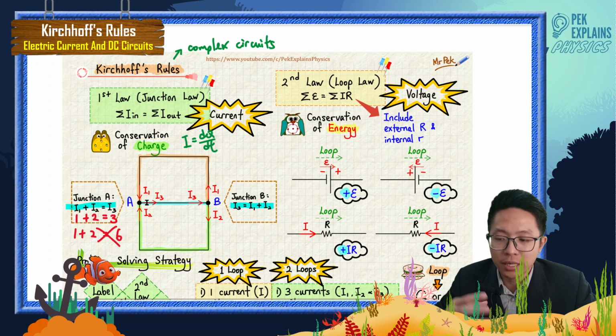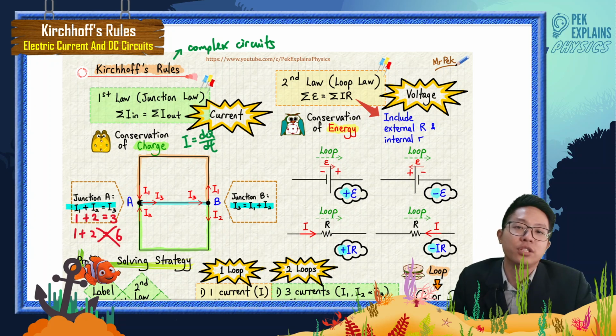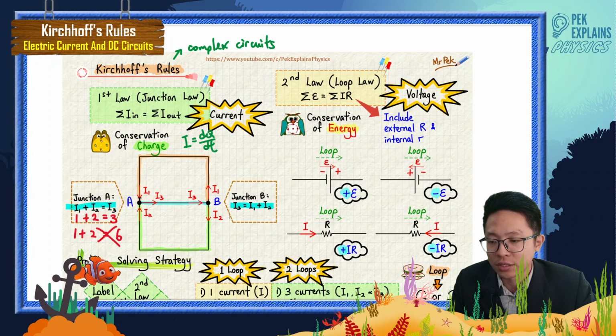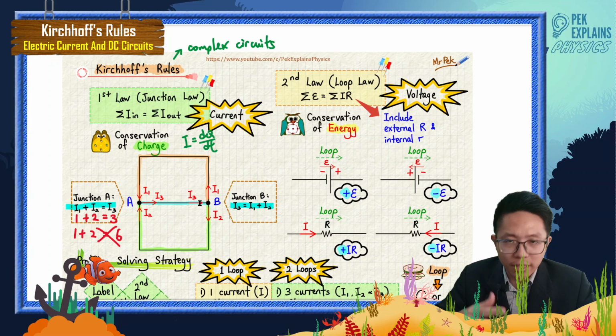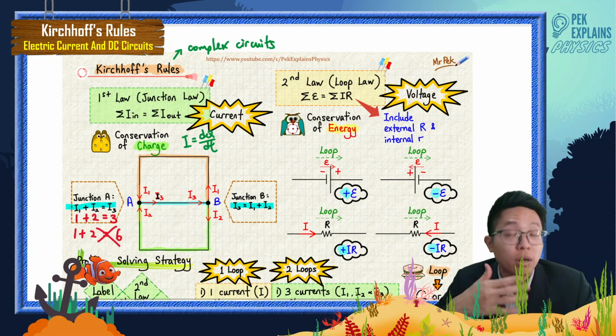Okay, so you can see I3 going to the right, splits into two, I1 and I2, and then I1 and I2 just go their own ways, and then combine again at junction A. Become I3 again. So the process continues. Why is there current in this circuit? Of course, this circuit is not complete.